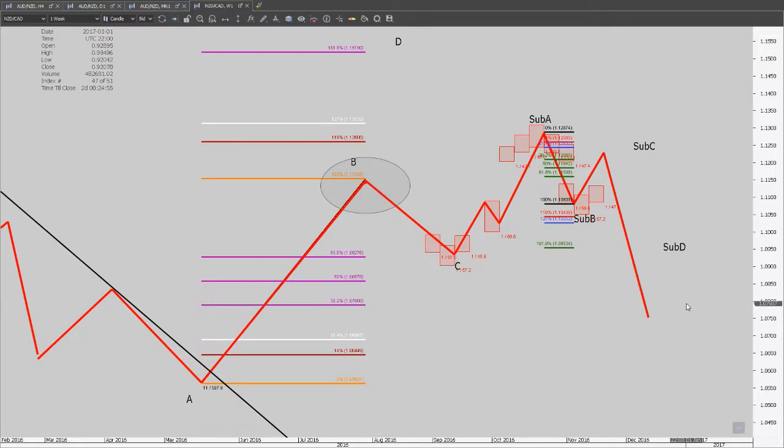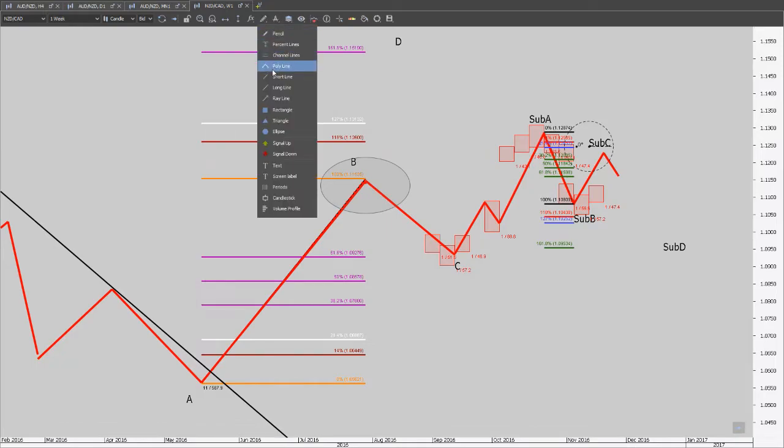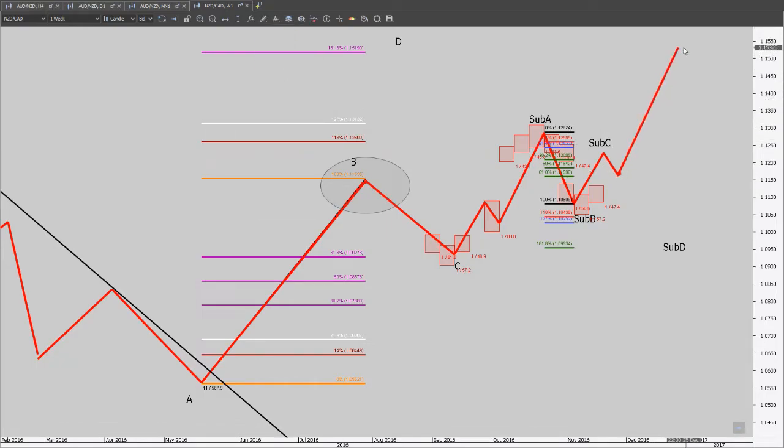This is one thing that could happen, right? Or the market can do the other thing, right? It can retrace inside the sub A, sub B, and it can push higher up, right? And hit the D extension of the original one.